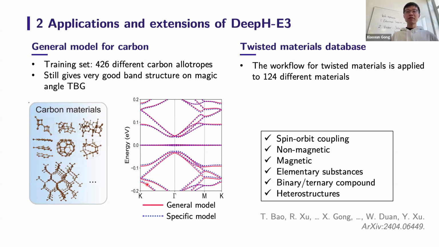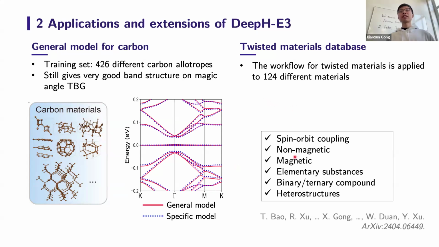So in our recent work, we constructed a database for twisted materials. As I have discussed before, we already have a workflow for generalizing our neural network from non-twisted structures to twisted structures. But previously we only applied it to the bilayer graphene. Now we apply this workflow to 124 different materials, which make up the twisted materials database.